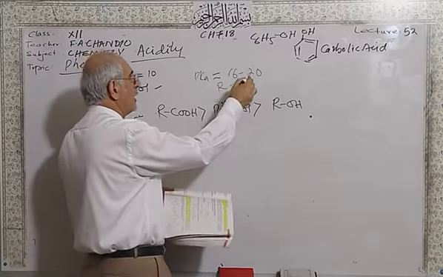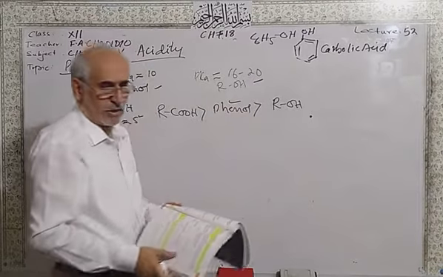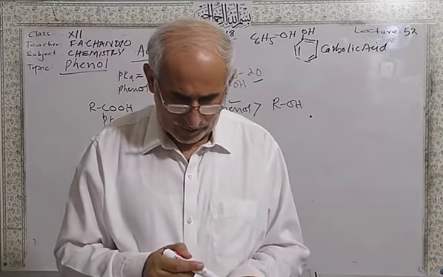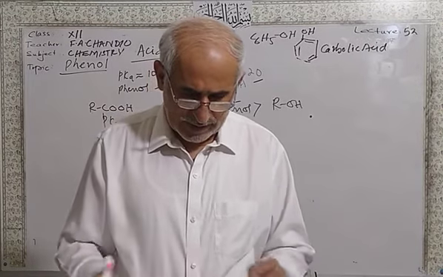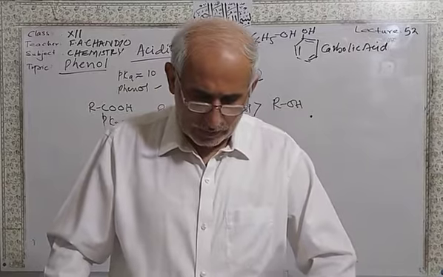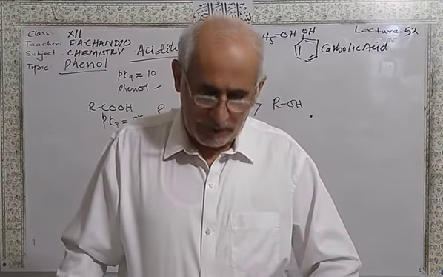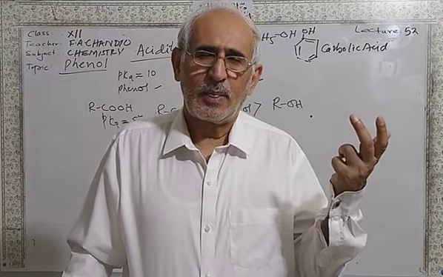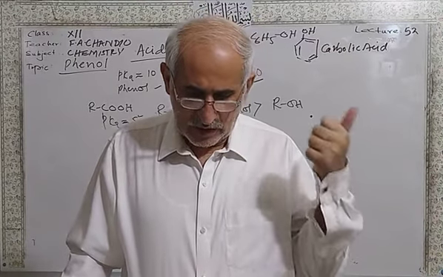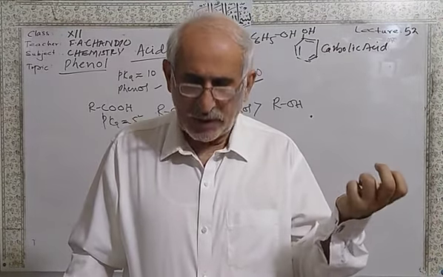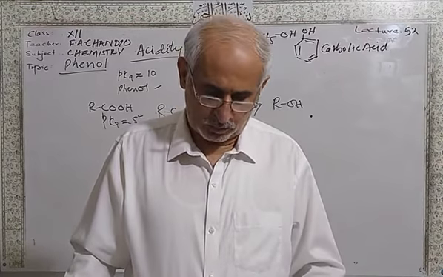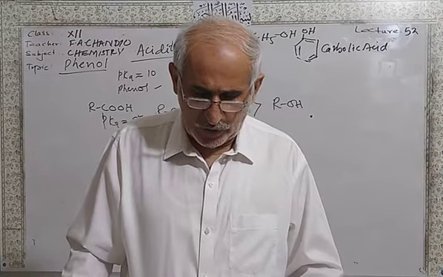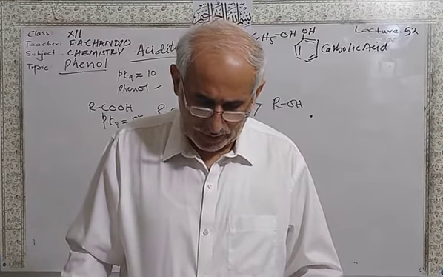And the least acidic is alcohol, which has a pKa of 16 to 20. There is one order I have written: carboxylic acid, acetic acid, then carbonic acid, then phenol, then water, then alcohol.